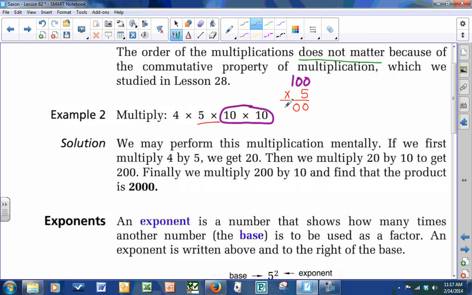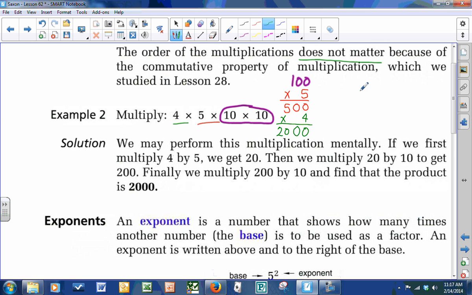And 5 times 1 is 5. And I could keep going, multiplying by the factor of 4 this time. What is 500 times 4? Well, 4 times 0 is 0, and 4 times 5 is 20, so we get 2,000. And there we have it again, 2,000, the same product. So that's how you multiply when you have more than two factors in your multiplication equation.